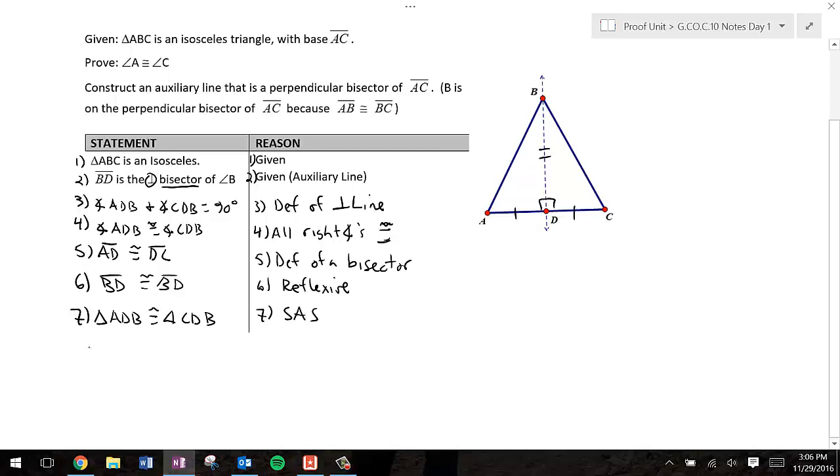And our last thing is we were aiming to prove that angle A was congruent to angle C, and we can say that's congruent by CPCTC. So it's a bit of a longer proof. It's an 8-step triangle proof, but at the end of it all, we showed that angles A and C were in fact congruent to each other, the base angles of an isosceles triangle.